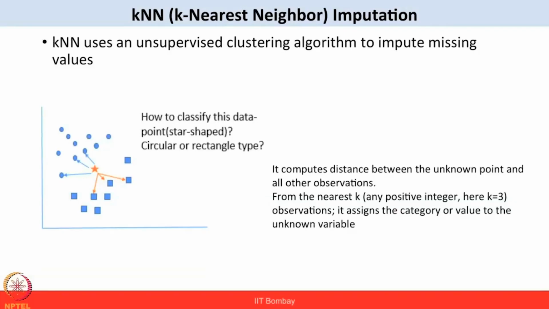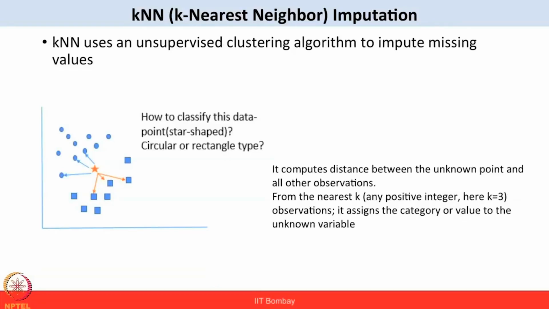So we need to classify this star shaped point, whether it goes to the circular type or the rectangular type. Based on this, the KNN algorithm computes the distance between the unknown point and all the observations, and from all the observations it takes the nearest k, which can be any positive integer, and here in this example we are showing k equal to 3.